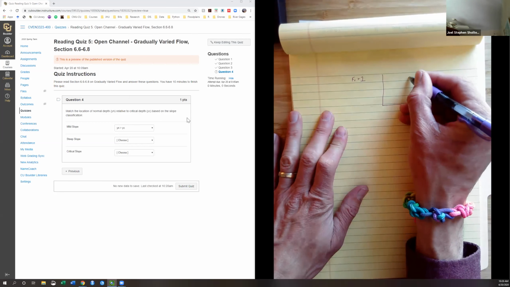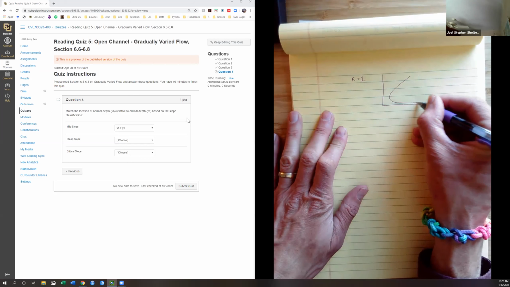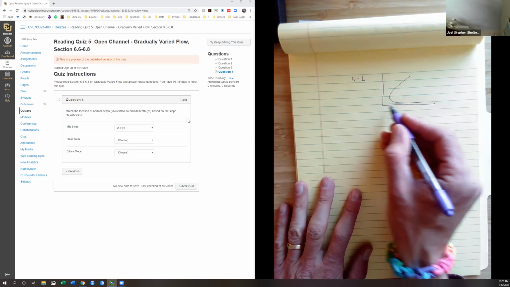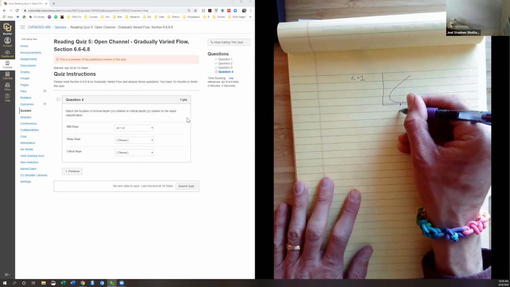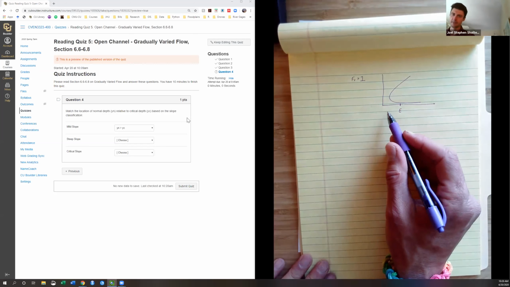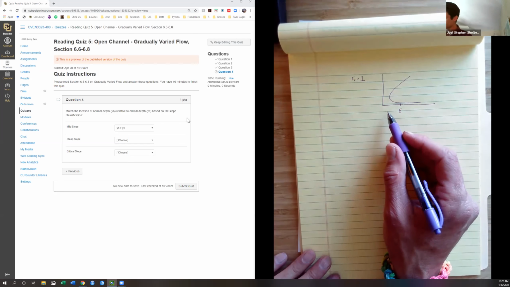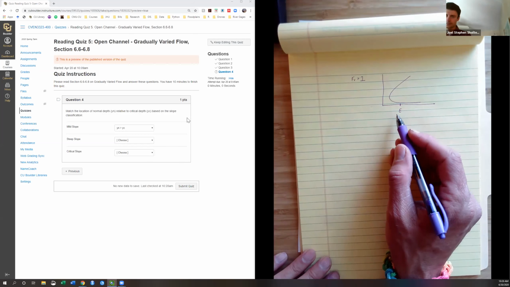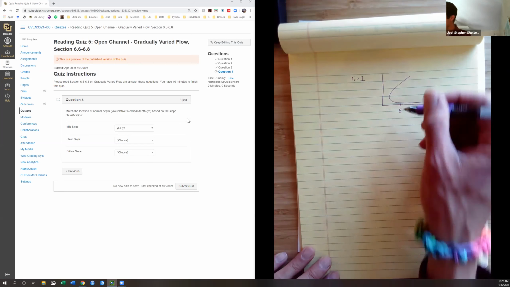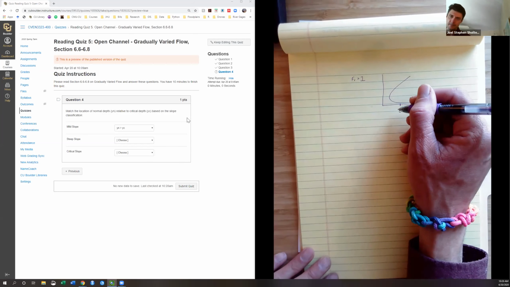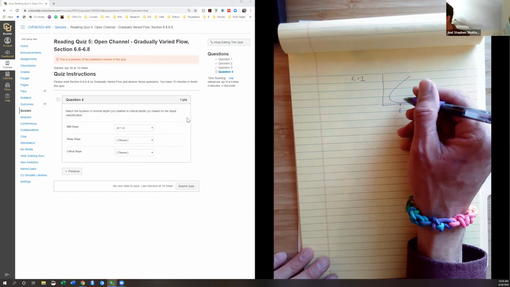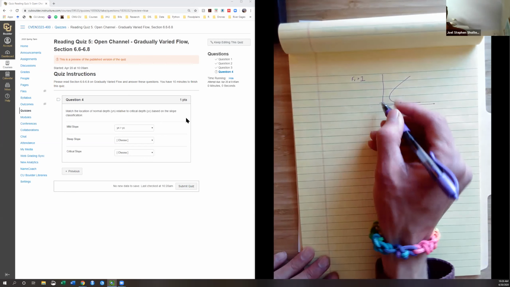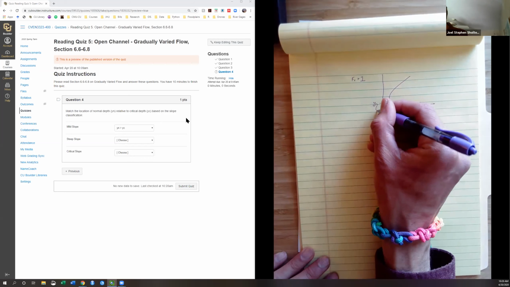If this is our specific energy curve, which for a given energy, where is my flow depth going to be under supercritical? Is it going to be on the top or bottom? The bottom, okay. So this is my y supercritical.